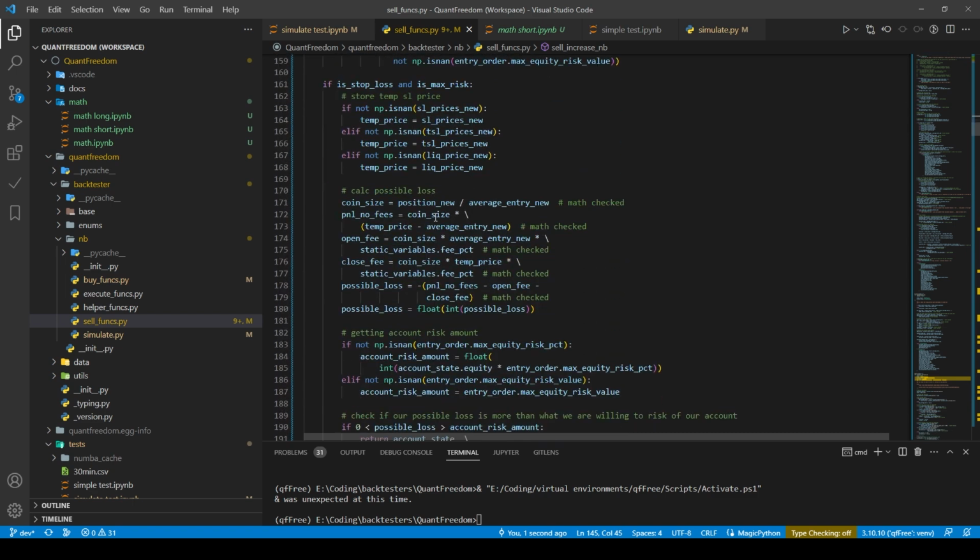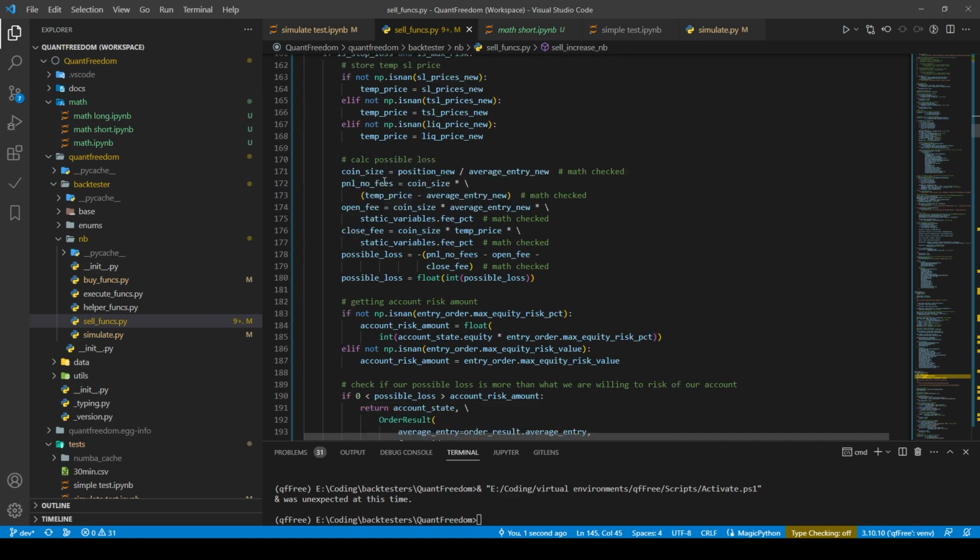Coin size, P&L no fees. Coin size times... this is where the P&L.